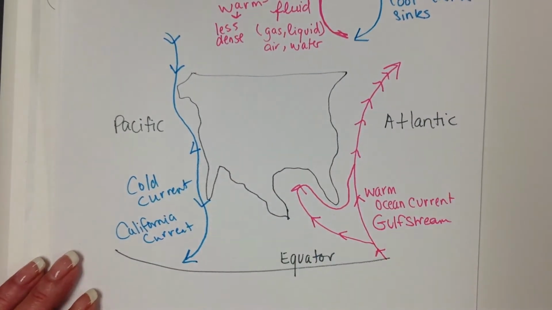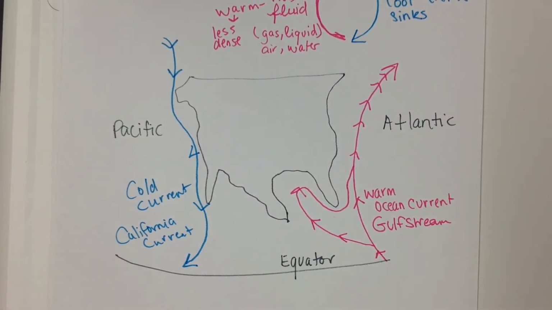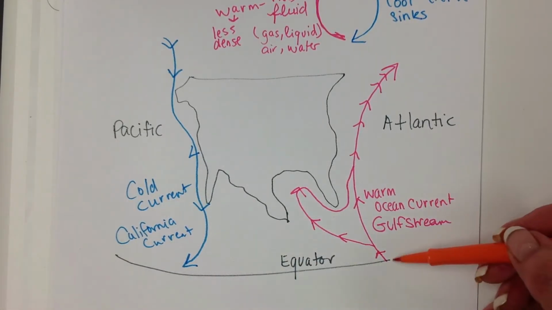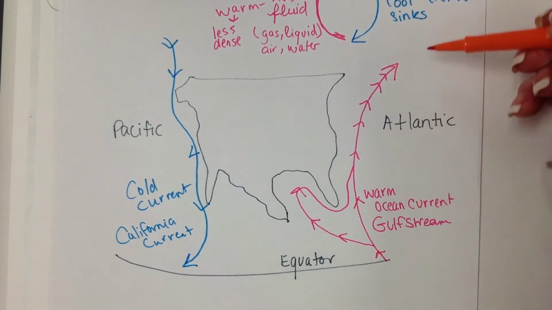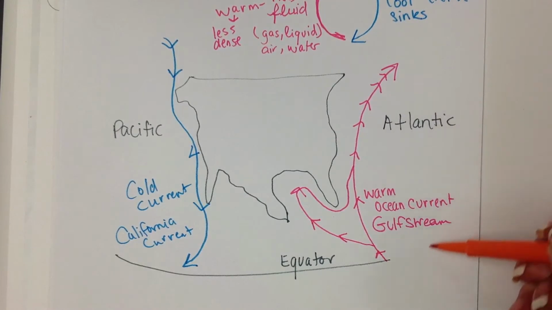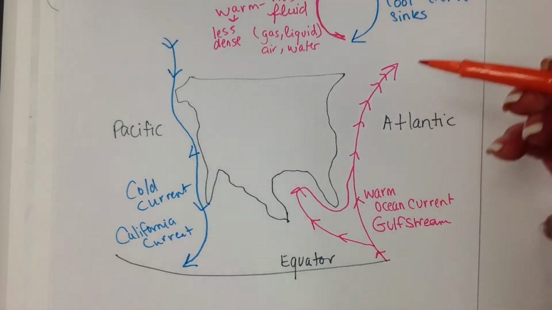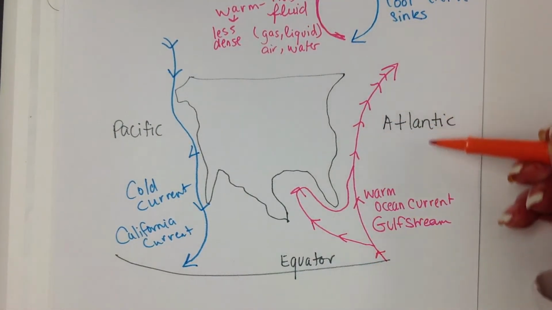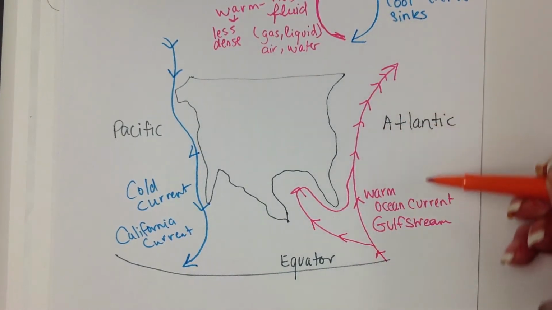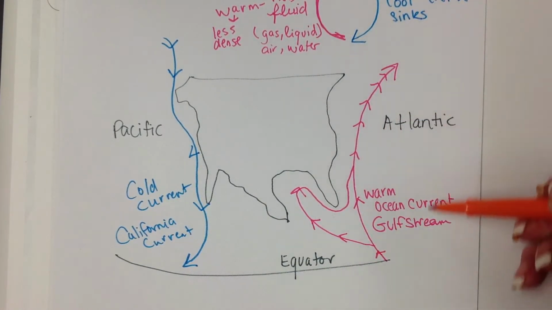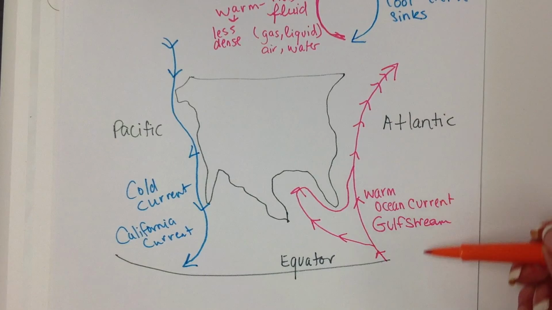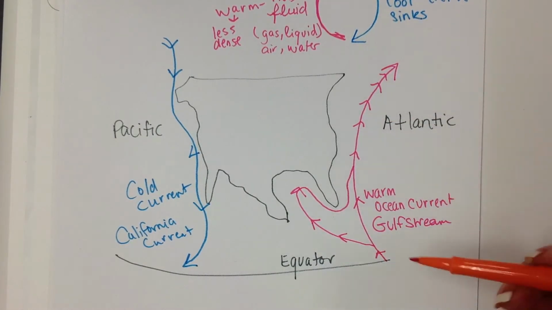Well, ocean water heats up because it gets heat from the sun, just like anything on Earth. All the heat that we have on Earth comes from the sun. So that's how this one's warming, bringing that warm water up. Cooler, dense water is below it, coming back towards the equator. So that's that flow of that convection current. It's also known as a gyre. If you ever see that word, that's the same thing.